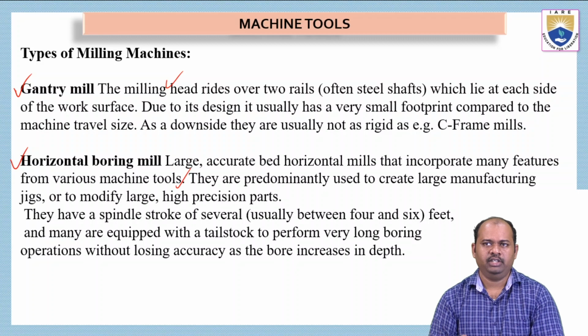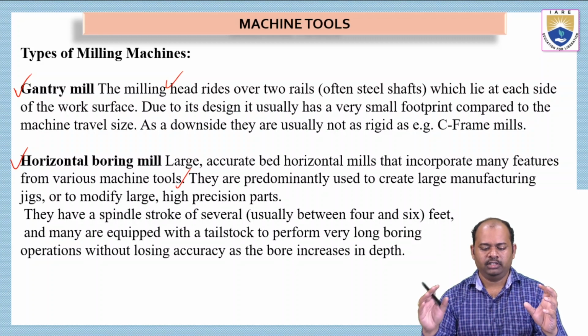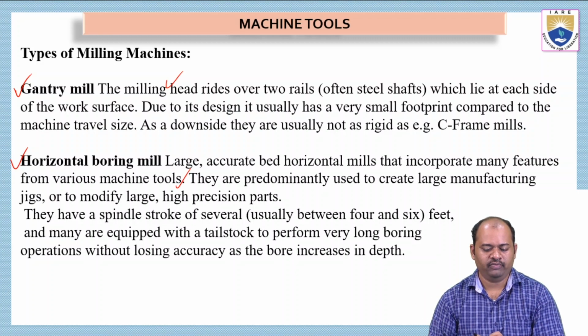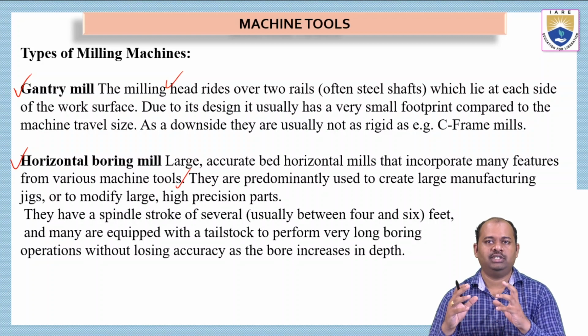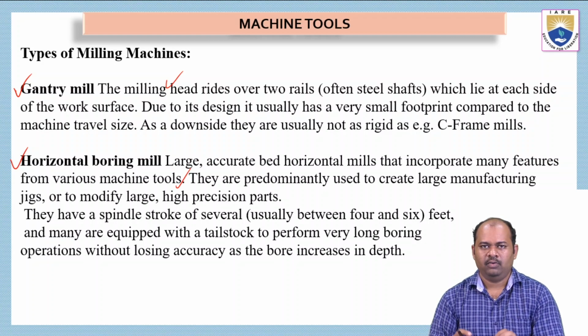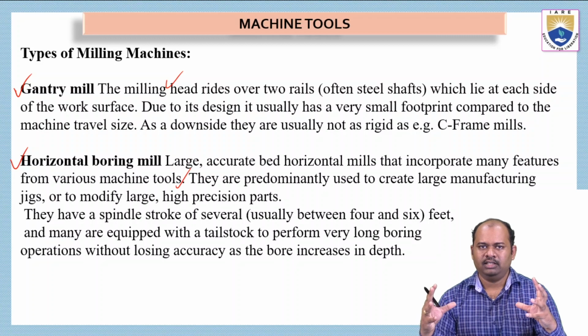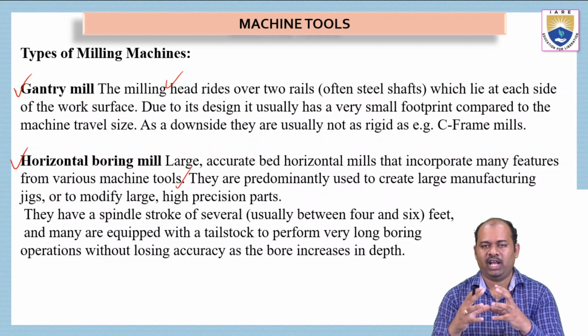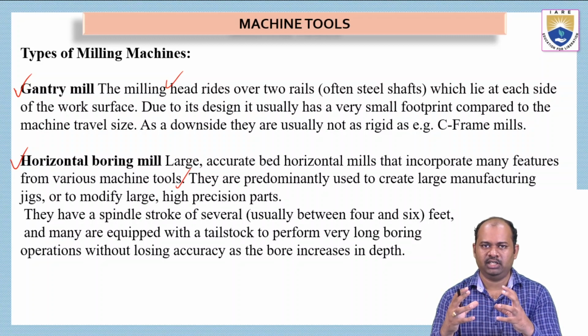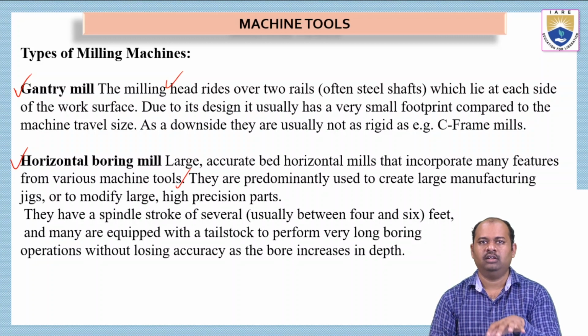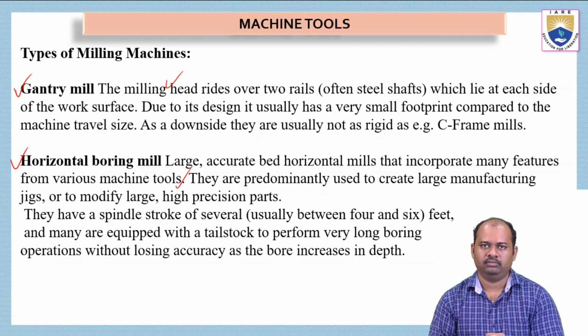They are predominantly used to create large manufacturing jigs or to modify large high precision parts. When we want to work on large parts, yet we have to give a much higher precision, we have to go for this horizontal boring mill.